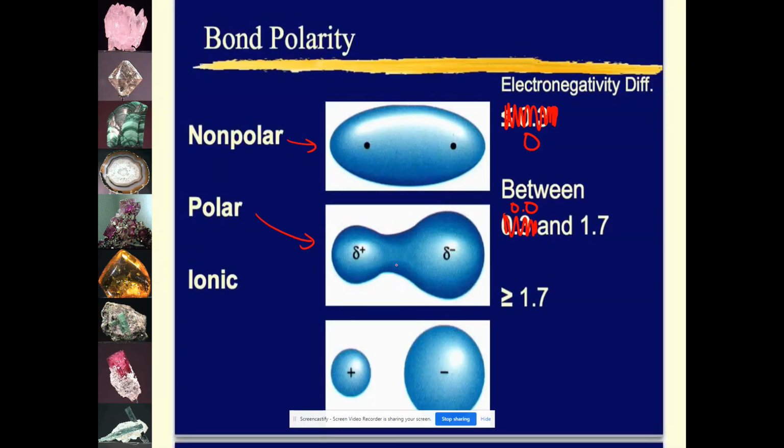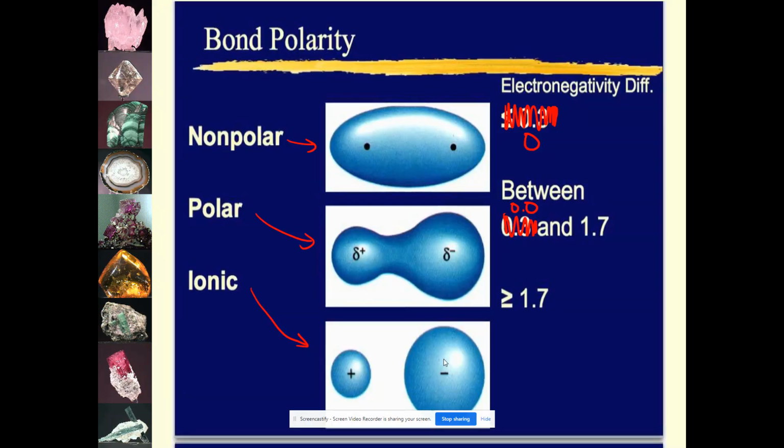There still is some overlap, but again, they're spending more time around the element with a higher electronegativity. So there's a buildup of negative charge there. It's slight negative charge, and the other end is slight positive. And last is ionic. The electron clouds are two separate clouds now. There's no overlap at all. And there's a complete positive and complete negative charge. Okay?